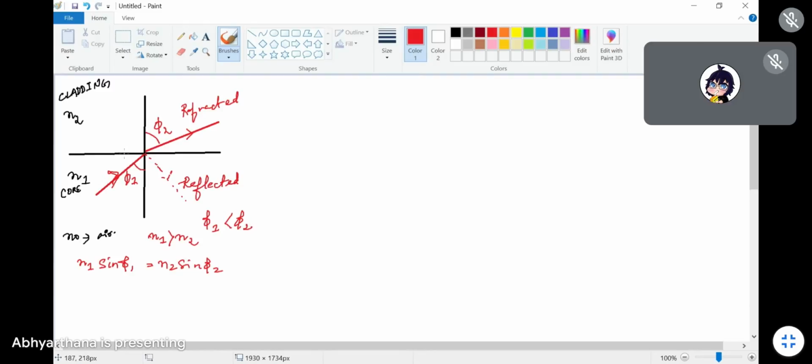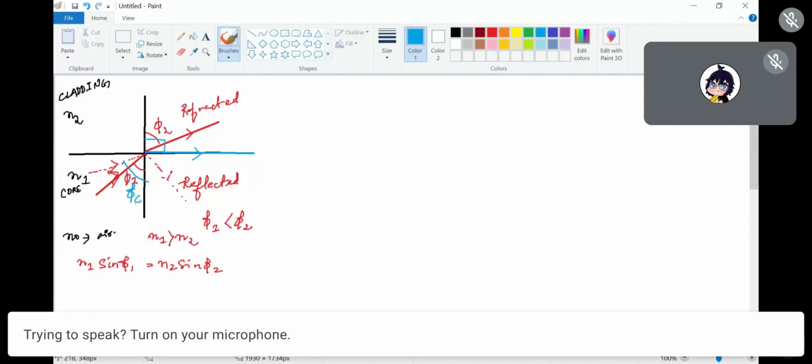As you go on increasing this phi 1, up to some angle less than 90 degrees, there will be a refraction with an angle of 90 degrees. That angle is called your critical angle, given by phi c.